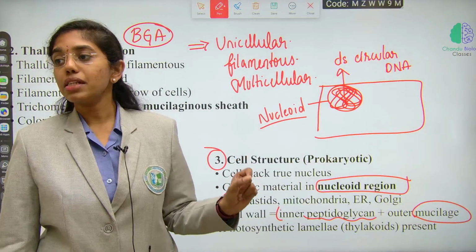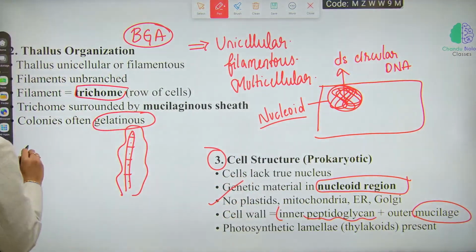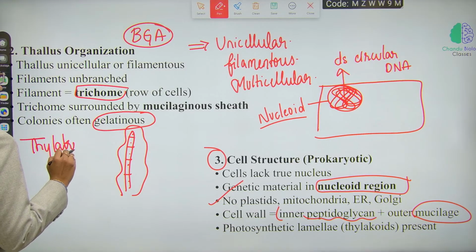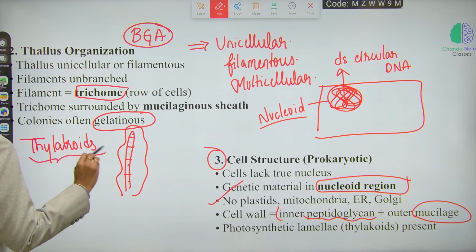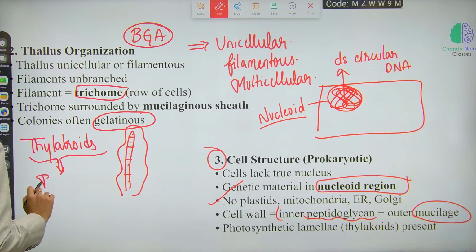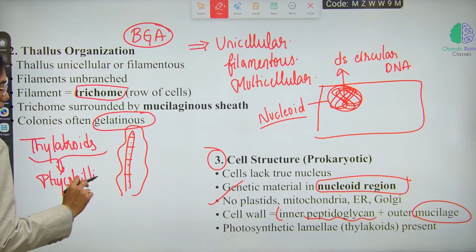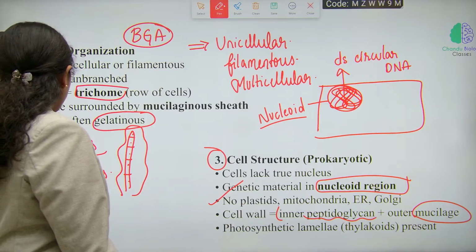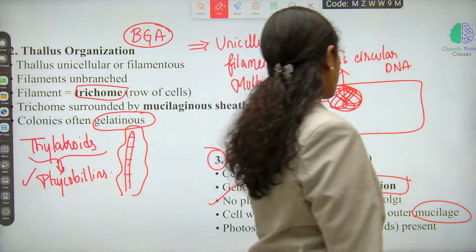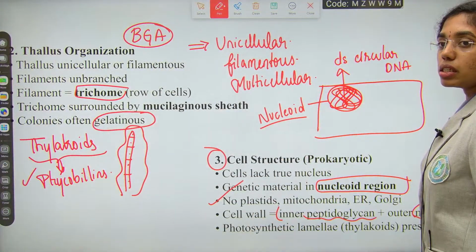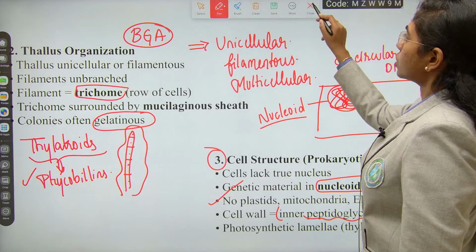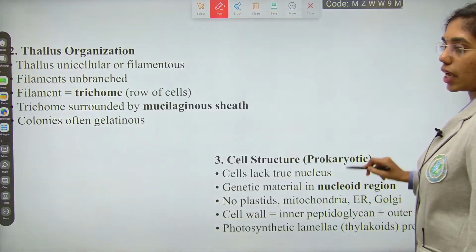Major pigments present include phycobilins, rather than carotenoids and chlorophyll molecules, which are also present. Phycobilins are the major pigments inside cyanobacteria. So this is the cell structure and thallus organization of cyanobacteria.